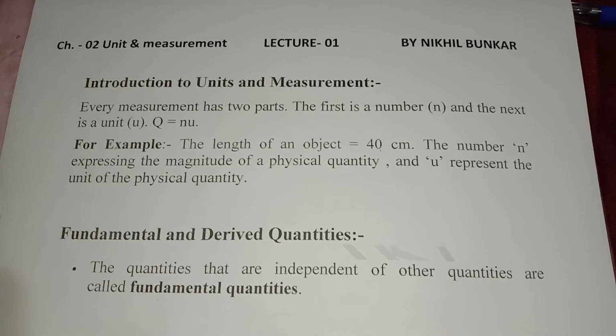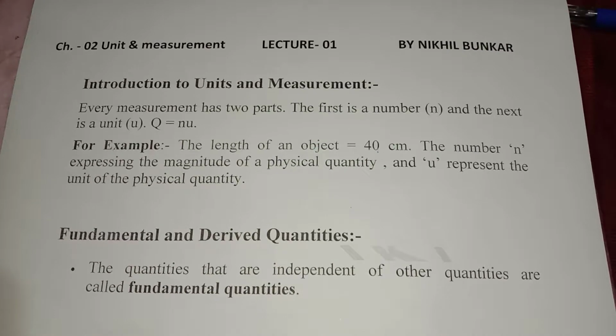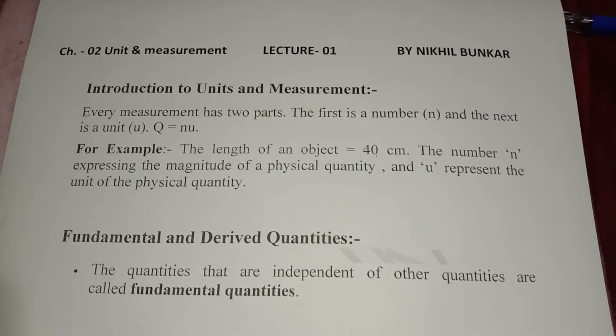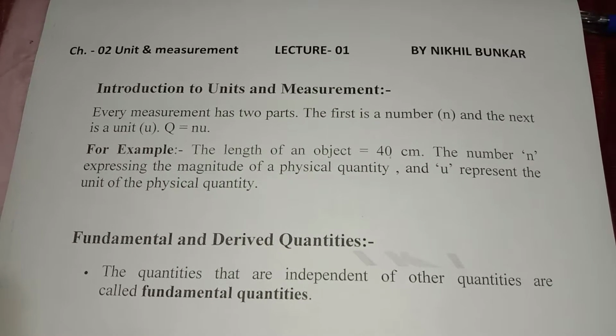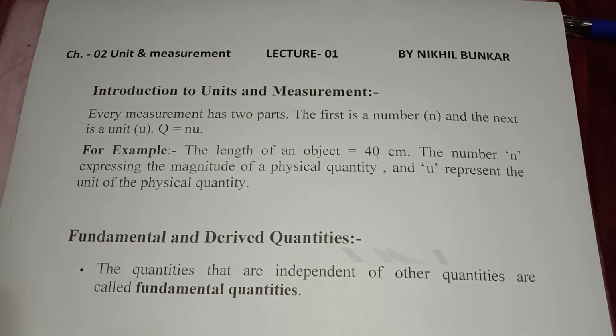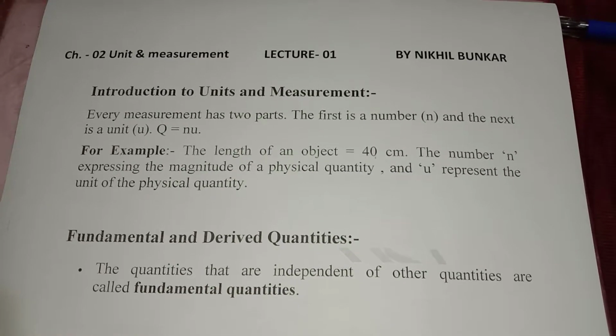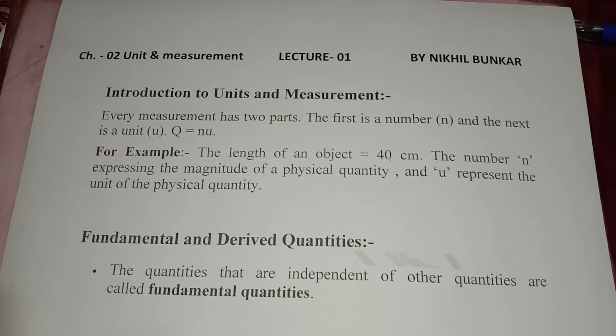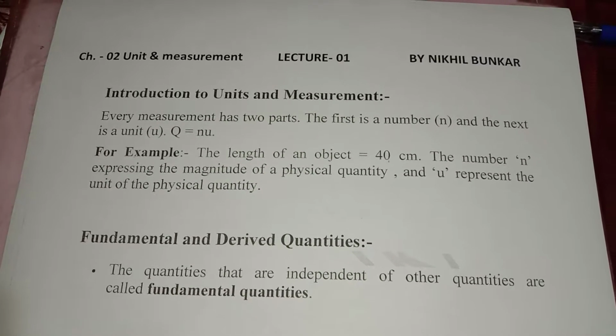In the previous lecture, we discussed the physics and technology associated with society and the comparison between the fundamental forces of nature. And we discussed the basics of physics and the scope of physics in our first unit.